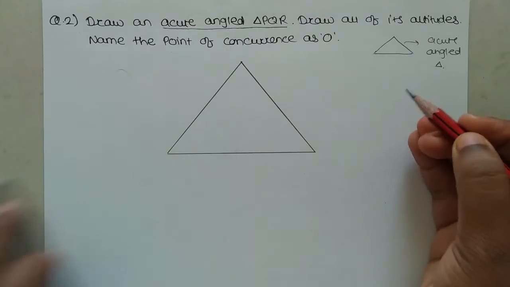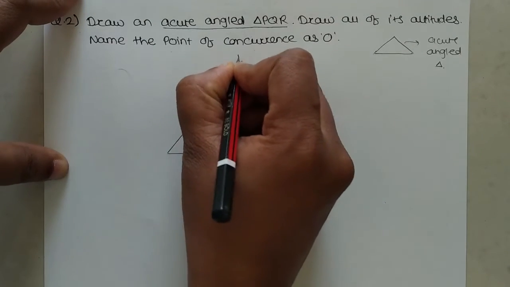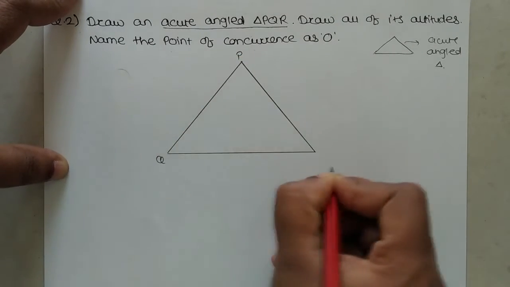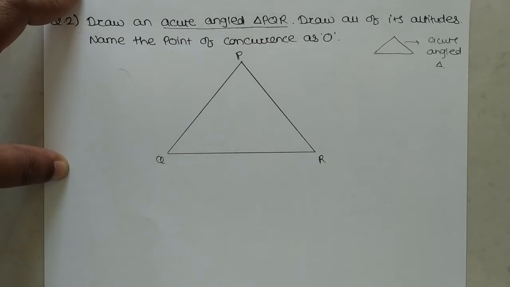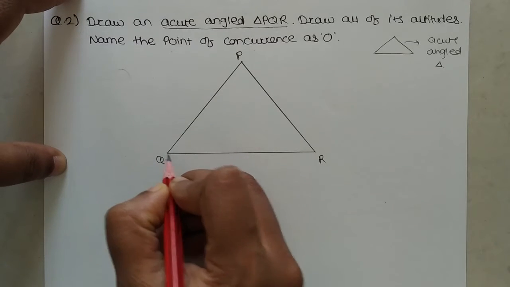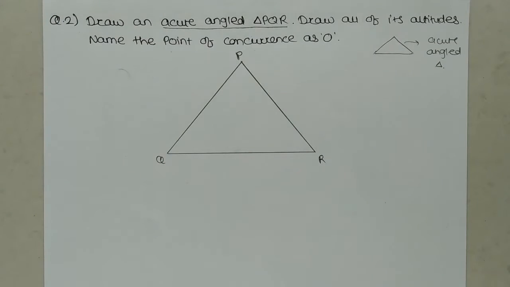Like this. And name it as triangle PQR. Now next we have to draw the altitudes. Altitudes means we have to draw the perpendicular line from each vertex of this triangle. First consider vertex P. How to draw the perpendicular line?